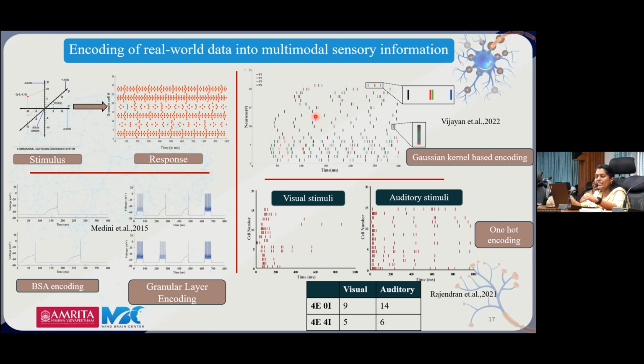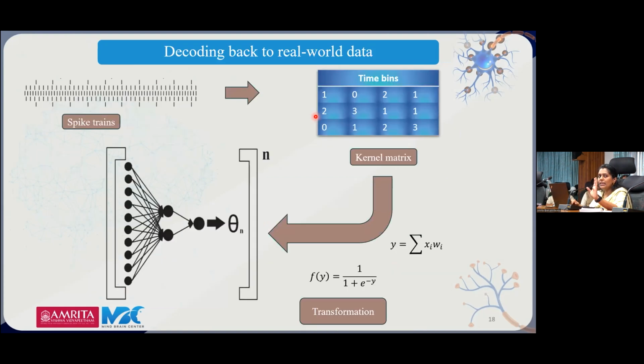Recently, we have also looked at a one hot encoding scheme to come up with visual as well as auditory stimuli. That was shown in Ishikawa 2015, and we could also reconstruct the same using the one hot encoding scheme. We also looked at the random spike generation model in the encoding scheme.